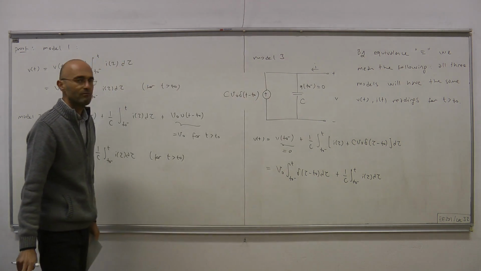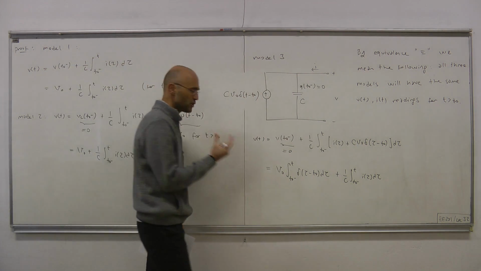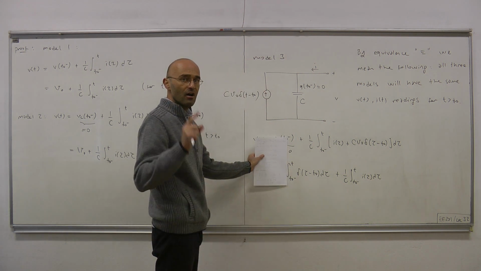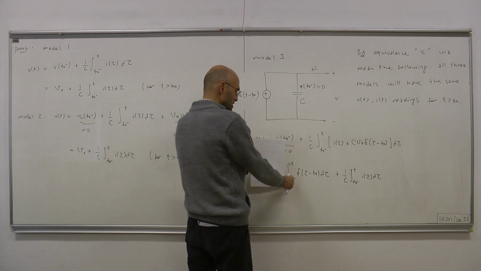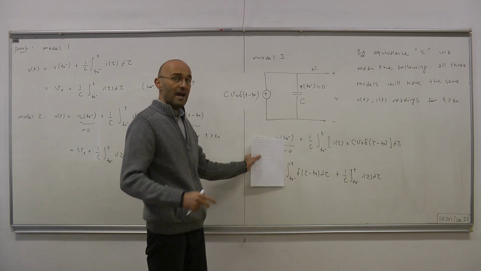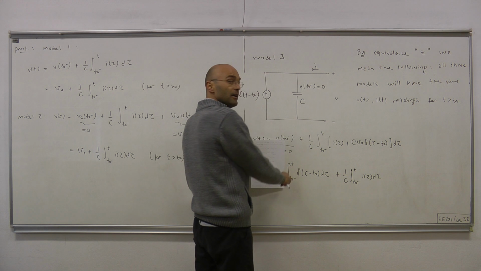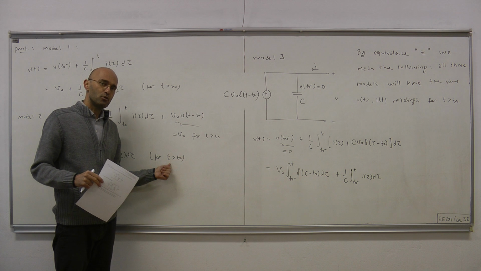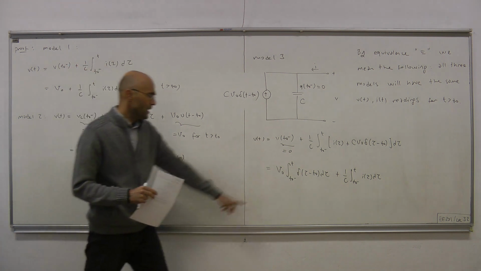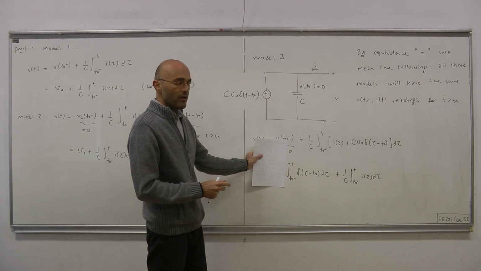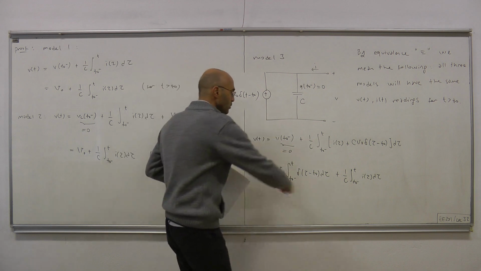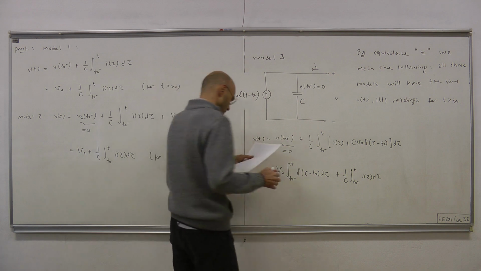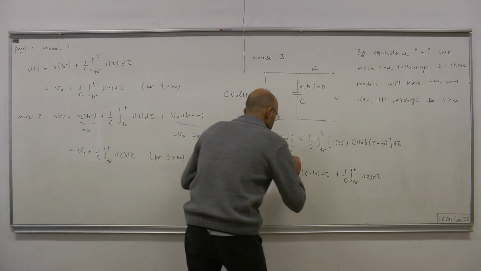d tau. Okay. Note that by definition of impulse function, this integral gives us 0 for t smaller than T0 and 1 for t greater than T0. Okay, so since we're interested in what happens at future times for t larger than T0, this integral gives us 1. Therefore, multiplied by V0, this whole term will be V0 for t larger than T0.